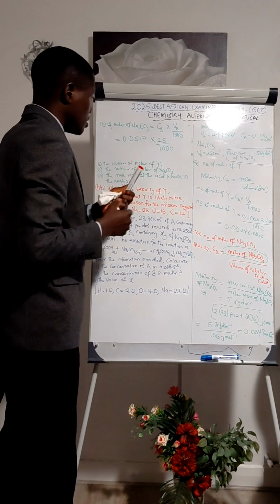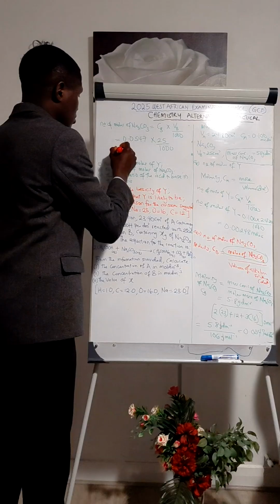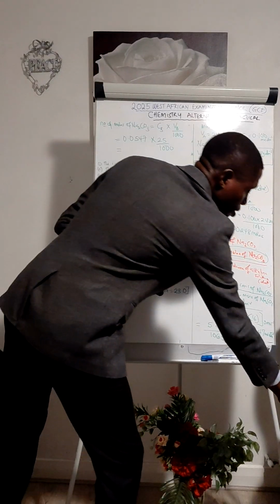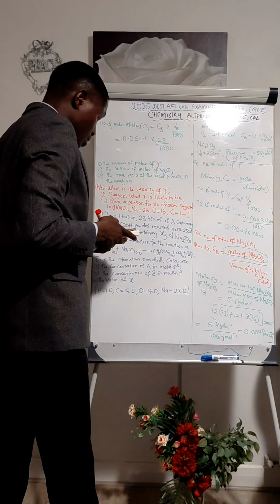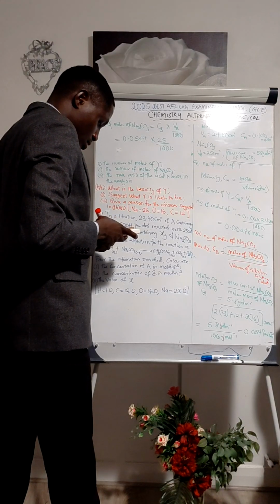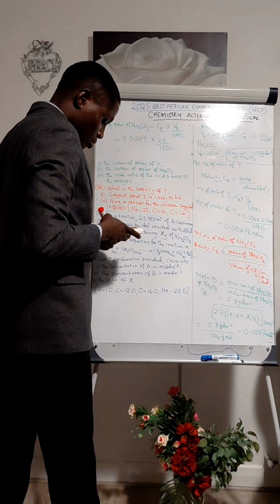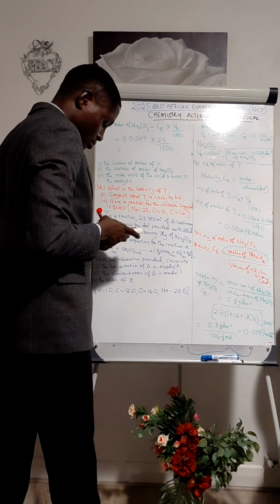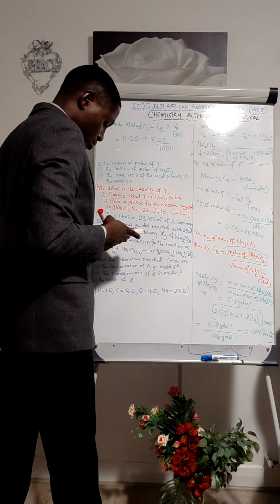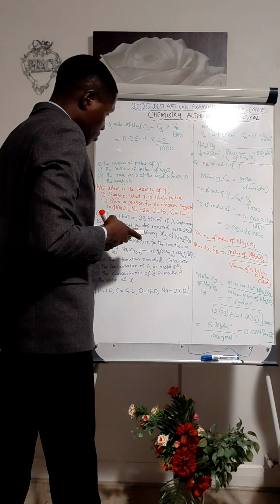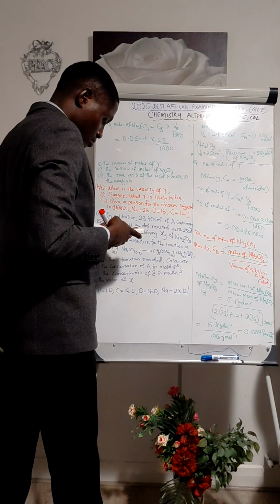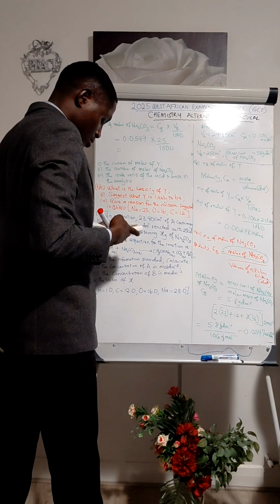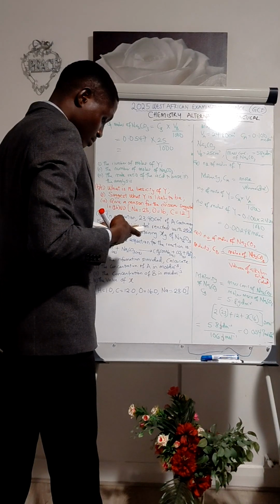So we cannot do that. So what do we have for this number of moles of B? So we have 0.0547 multiplied by 25 divided by 1000.